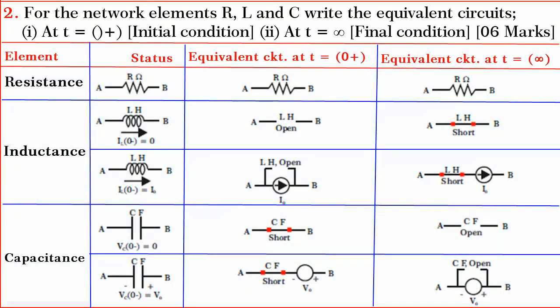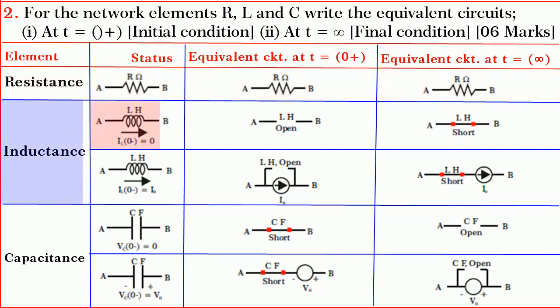But for your benefit, let me explain the meaning of the equivalent circuits. We know the resistance circuit element follows Ohm's law and hence it will not change its status at t equal to 0+ and at t equal to infinity as shown.